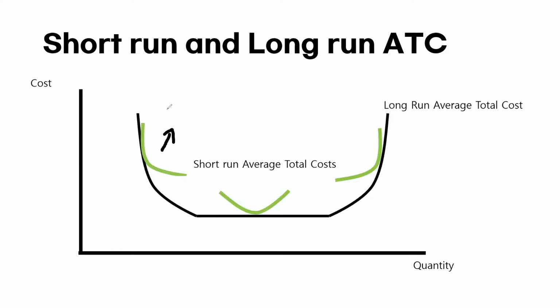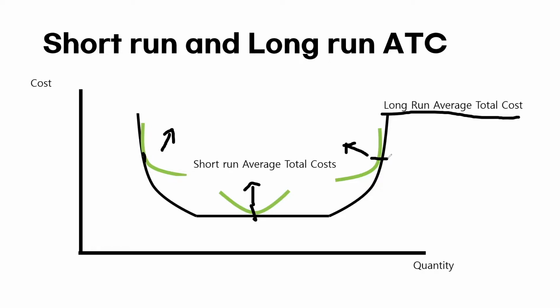Your plant is small, and this is a situation when your plant has grown a little, and this is a situation when you have many workers and many plants. And all together, you get the long run average total cost, and you can see that they meet at one point.